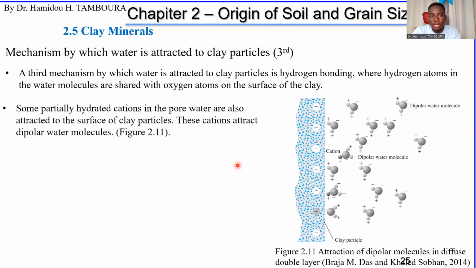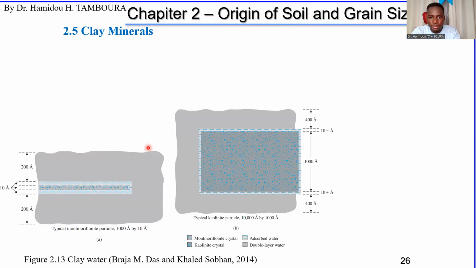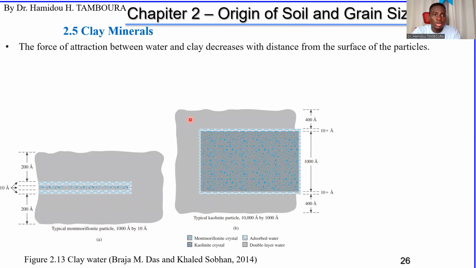So some hydrated cations in the pure water are also attracted to the surface of the clay particle. So this cation attracts dipolar water molecules. This figure shows the force.